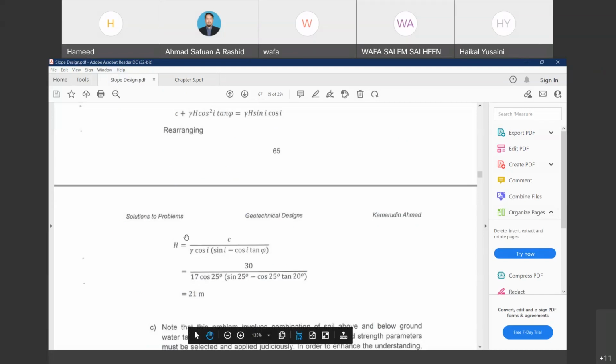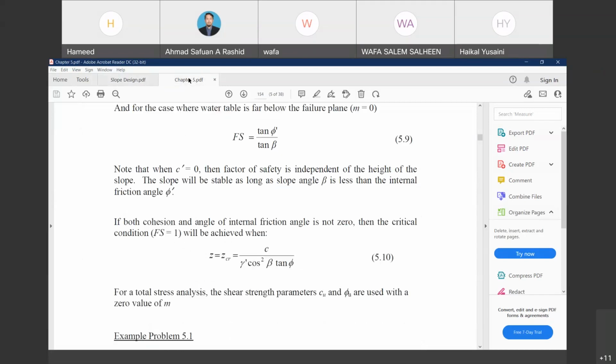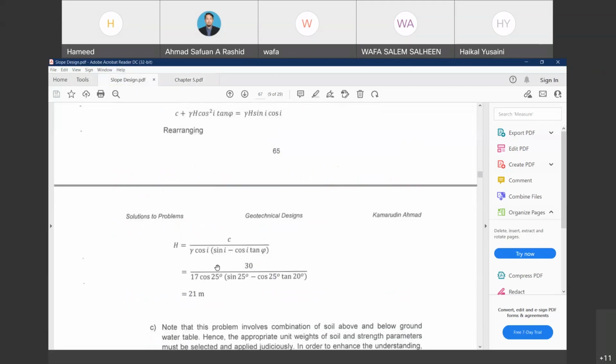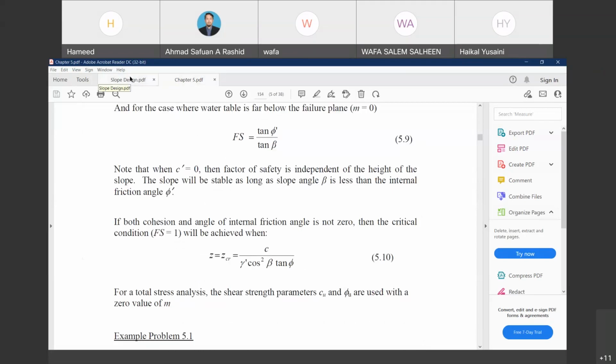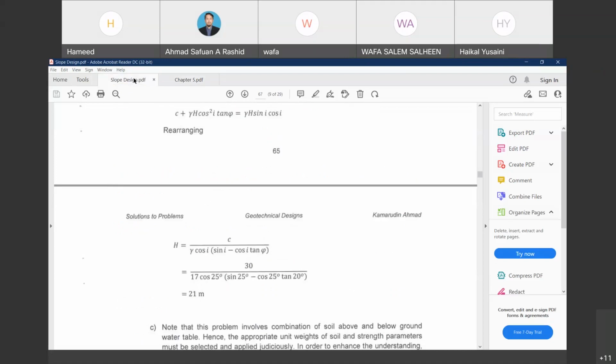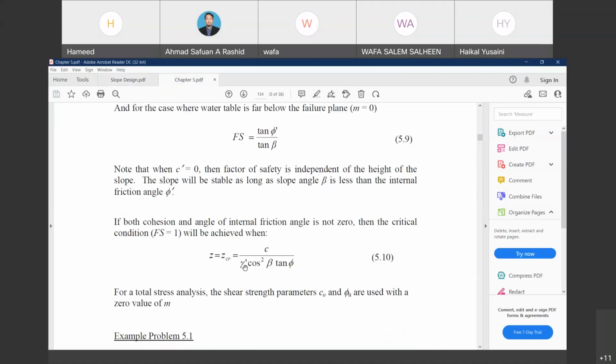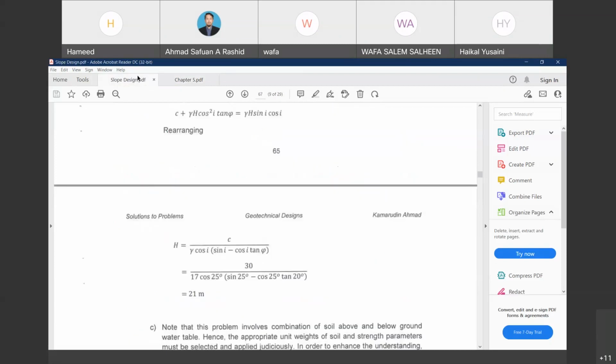Now we try to use this equation. Can we get the same answer as the one we discussed in this part? So C is equal to 30. Unit weight, because the water is far, is equal to 17.